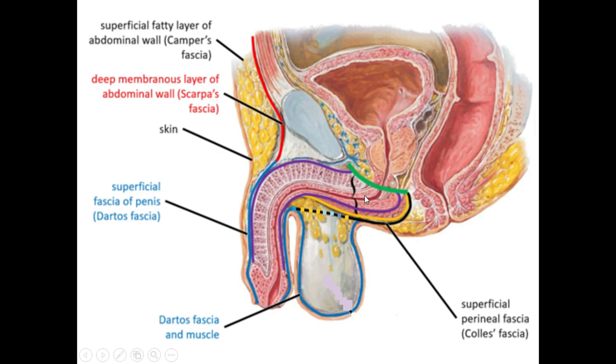Below the perineal membrane is the area of the superficial perineal pouch, which is bounded behind by the Colles fascia, and that Colles fascia will be continuous with the dartos fascia of the scrotum, the dartos fascia of the penis, and this dartos fascia of the penis will be continuous with the membranous layer of the superficial fascia of the anterior abdominal wall below the umbilicus.